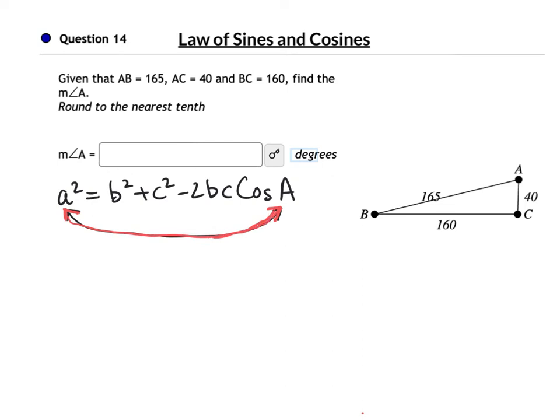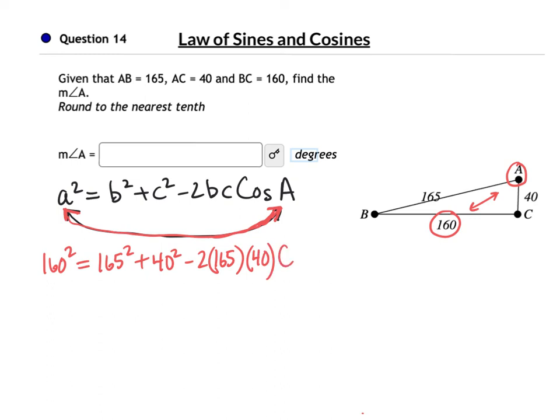So we're looking for angle A, and we're going to start with 160. 160 squared equals 165 squared plus 40 squared minus 2, and repeat those numbers, 165 times 40, and then cosine of the angle we're looking for, which in this case is A.